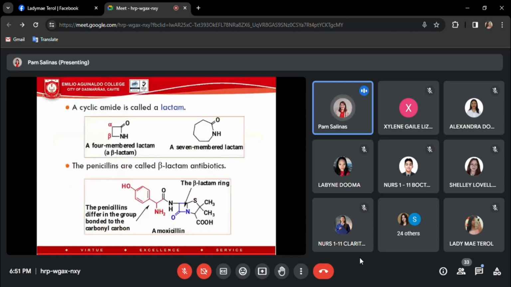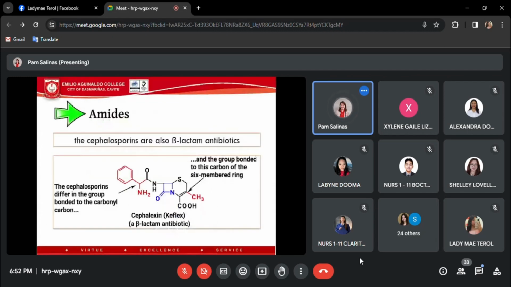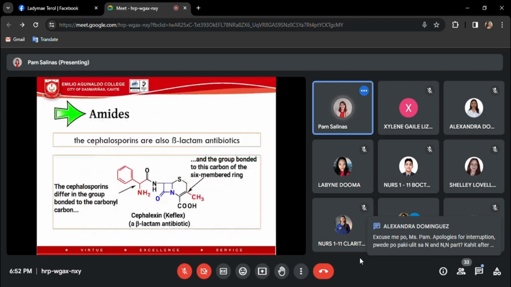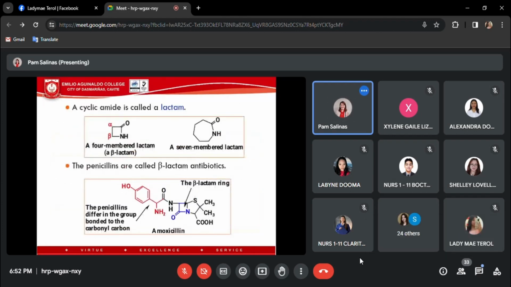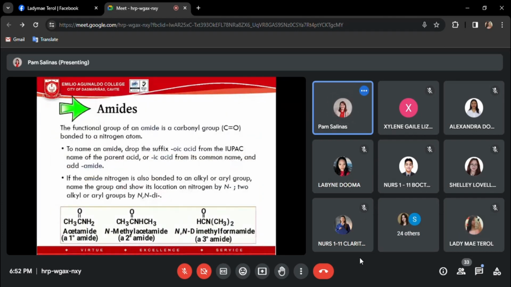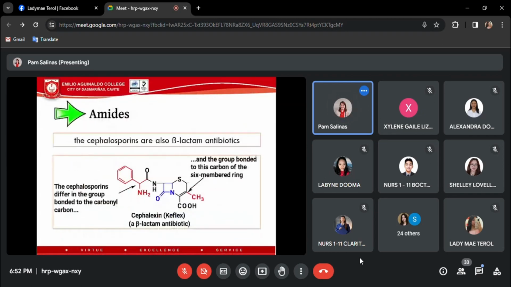Ito lang mga examples in order for you to easily identify what is the difference between their structures. Ayan. So, here and here. Okay. So here we can see yung cephalosporins niya, which is also bonded with carbonyl group as well.